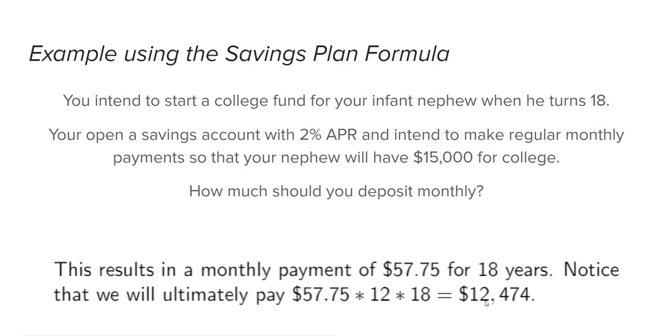This means that we are actually contributing $12,474. That remaining amount, the difference between our future value and the amount that we are actually paying towards the savings account, would be the gain from interest from having the savings account.